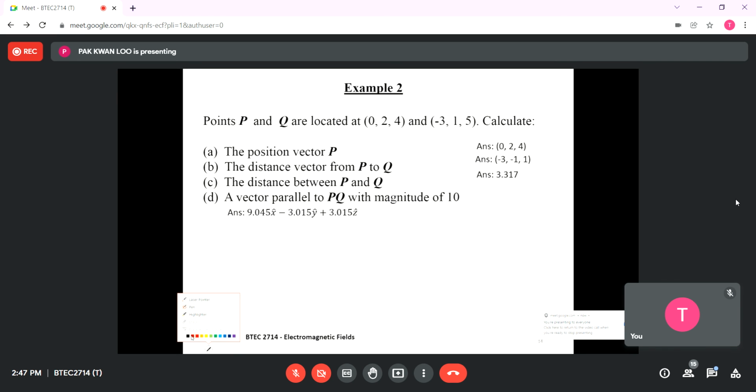So the solution for this example, the position vector p. This is the given coordinates, so we can write it as 0, 2, 4. This is the normal representation for position vector of p.